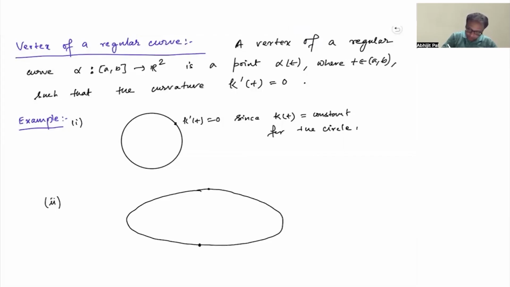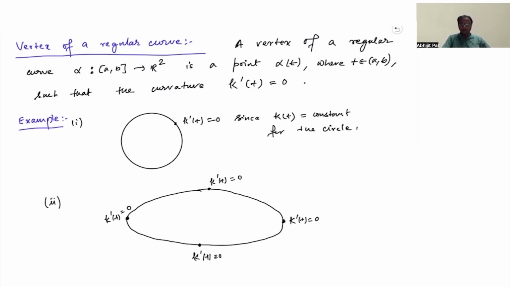At these points, you can check that the curvature attains its extremum value, so k prime of t will be equal to 0.